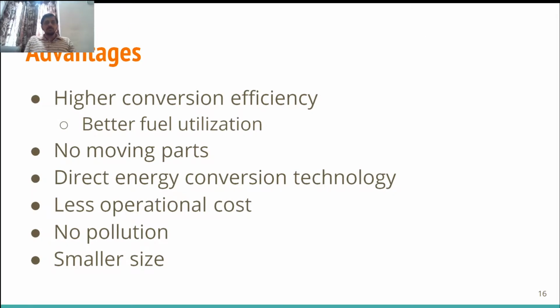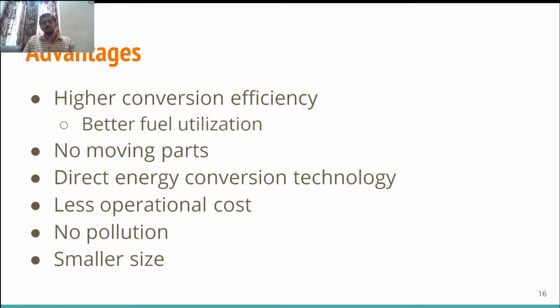So advantages of MHD system: higher conversion efficiency. That means the fuel is utilized in a better way than in a conventional power plant, compared to a thermal power plant, which has a higher conversion efficiency. There are no moving parts, so no mechanical wear and tear. There is a direct energy conversion technology. There is no intermediate stage. Operational cost is less, even though the initial cost is high. Why did I say the initial cost is high?